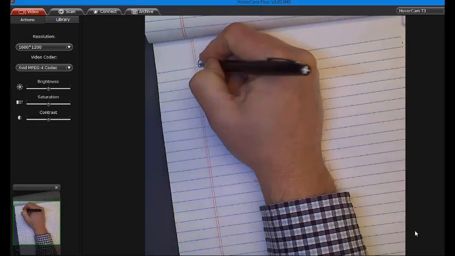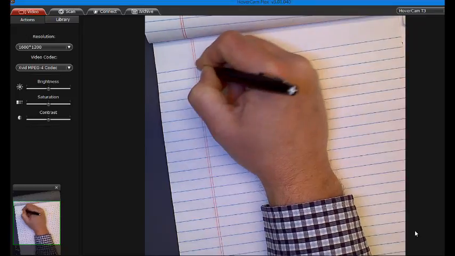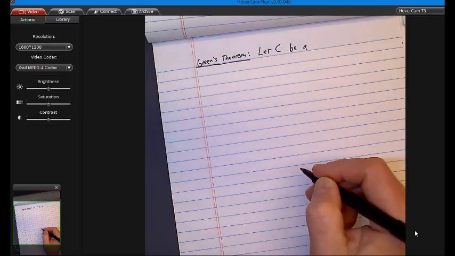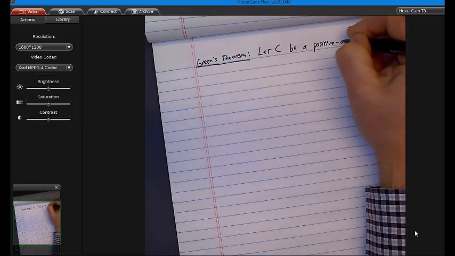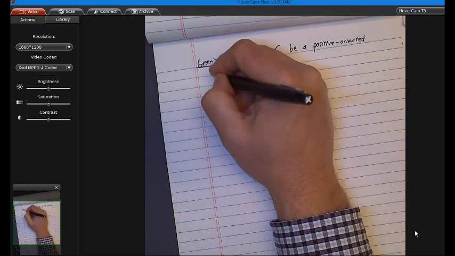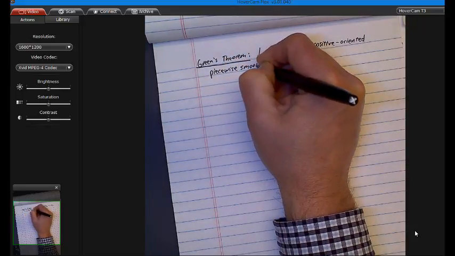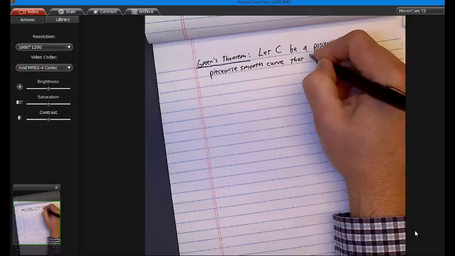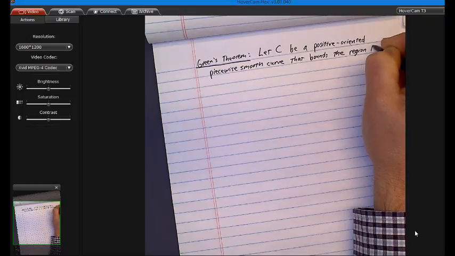So here's Green's theorem. Let C be a positively oriented piecewise smooth curve that bounds the region R in the plane.